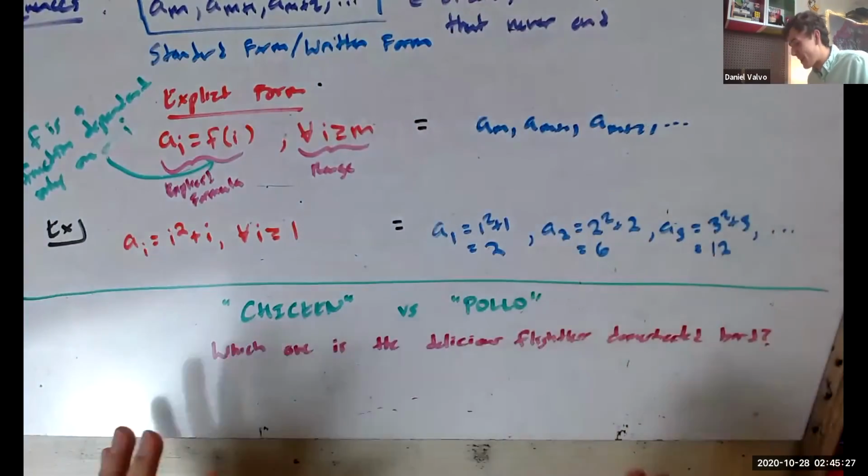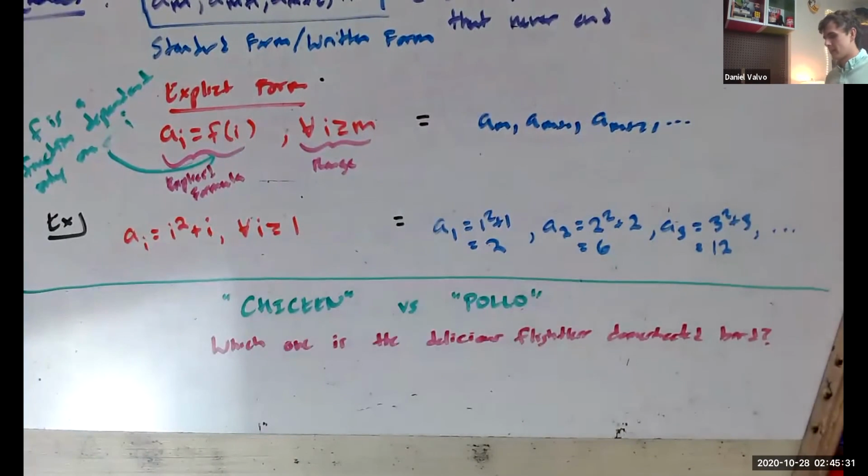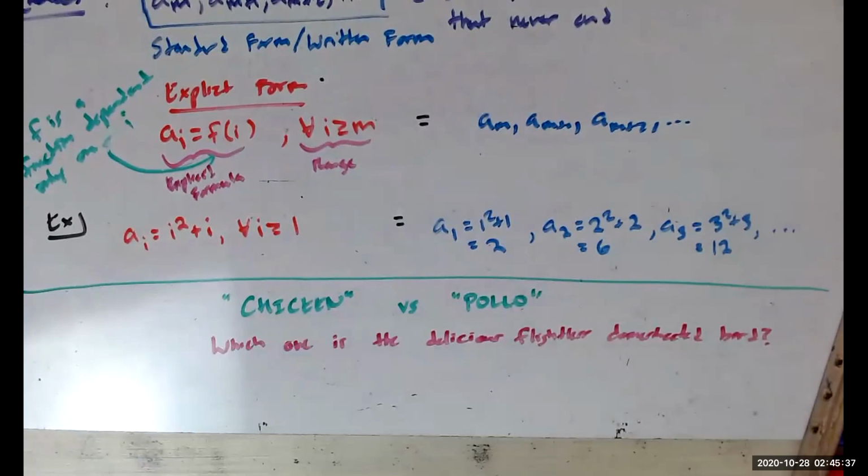Who knows? The point is, Jordan, Harmon, Soph, what do you guys think? Which one of these is the delicious, flightless, domesticated bird? Neither. I say neither, both. Sorry, both. Safa says pollo is Italian for chicken, so Spanish for chicken.